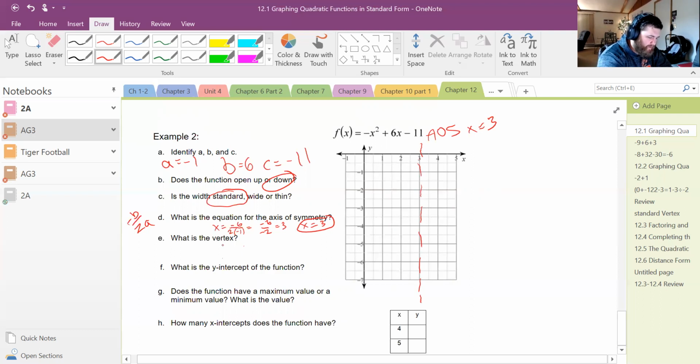Okay, what is the vertex? Let's plug 3 into the equation, see what we get. So we get negative 3 squared plus 6 times 3 minus 11. Okay, so 3 squared is going to be 9. So we have negative 9 plus 18. So it's positive 9 minus 11. Okay, once again, 6 o'clock in the morning, so I don't tell you guys wrong.